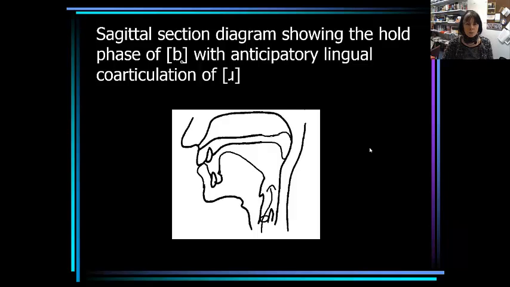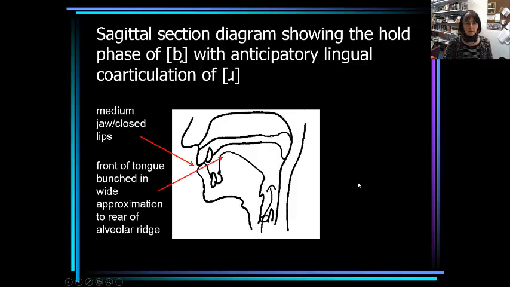Okay, so what am I showing in my diagram? I'm showing medium jaw and closed lips. So medium jaw means that the jaw is raised from the rest position, and the rest position is lightly clenched, so now the jaw is raised slightly from that. We'll come to the rest position shortly. I'm also showing the front of the tongue bunched in wide approximation to the rear of the alveolar ridge.